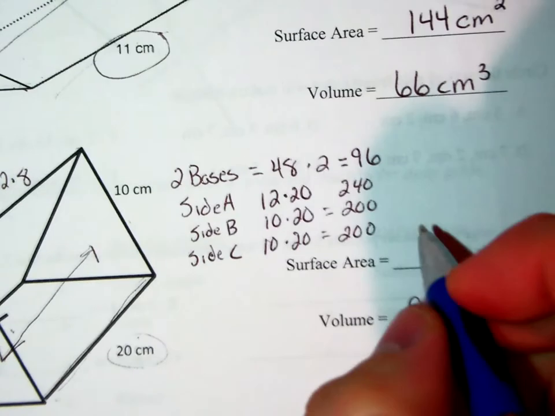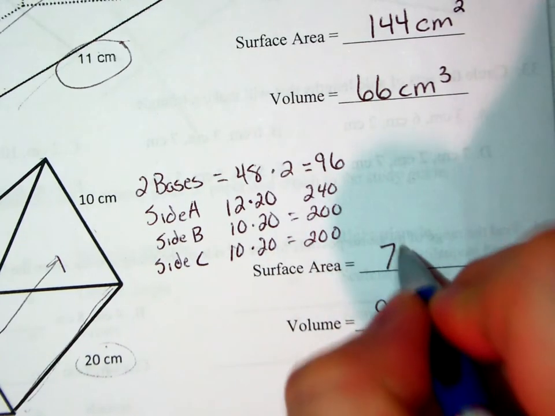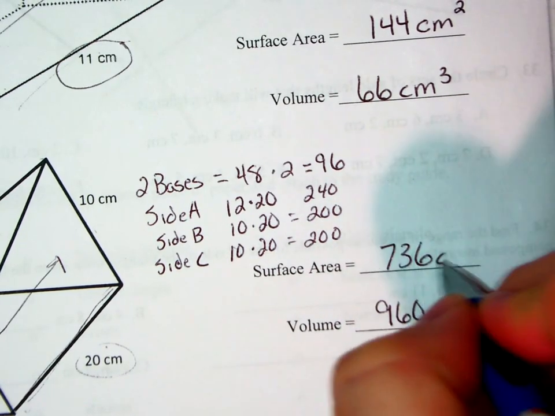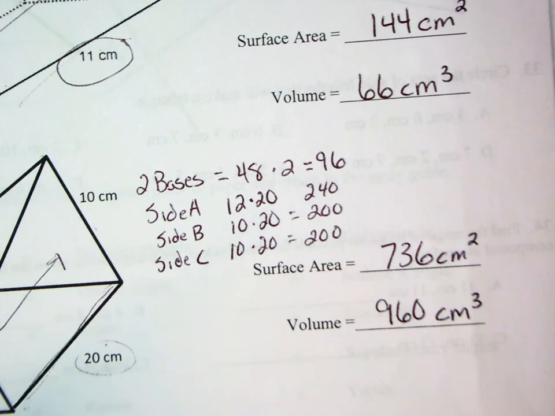And so we add all these up together and we get 736 centimeters squared, representing the area.